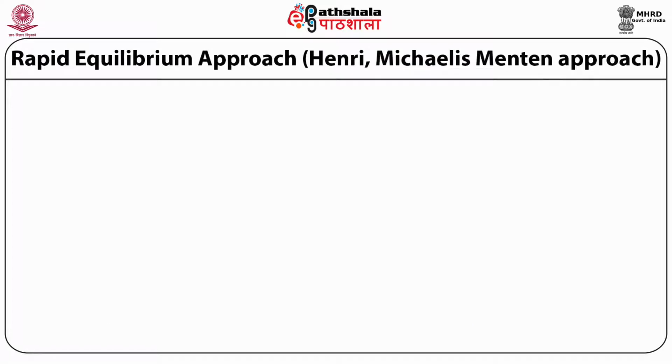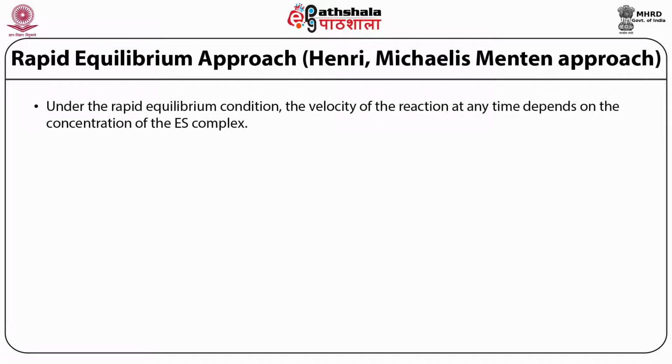This also states that under rapid equilibrium conditions, the velocity of the reaction at any time depends on the concentration of the ES complex. Therefore, the initial velocity is dependent on two things.